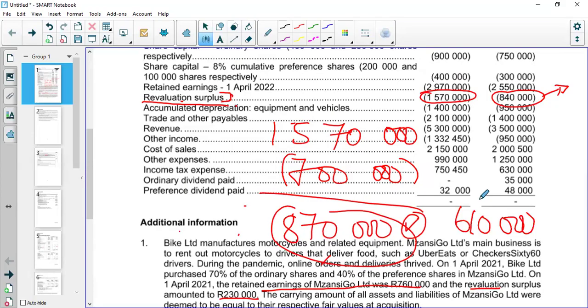And of that 610,000, the parent has 70% share. So 427 share plus 870 at the beginning. So that's what we have, 1297.